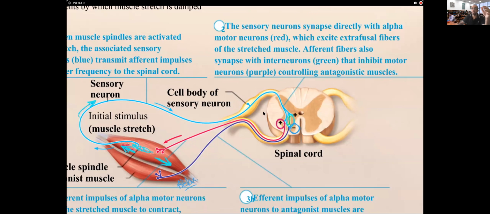Because if you contracted the two antagonist muscles, one is performing extension of the leg, for example, and one is performing flexion of the leg. If you contracted both of them at the same time, what's going to happen? There will be no movement resulting. So you need to contract the muscles that got stretched, but at the same time, you need to relax the antagonist muscles.